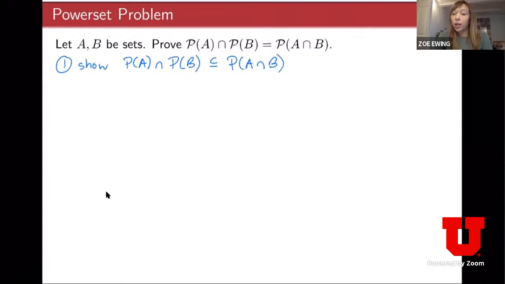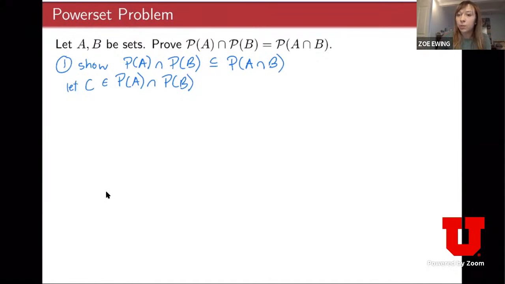We're going to do an element-wise proof for this, but keep in mind that the elements of a power set are not elements, but they're actually sets. So for our element, we can let C be a set that is in the power set of A and the power set of B. And so we establish that C is in this intersection.